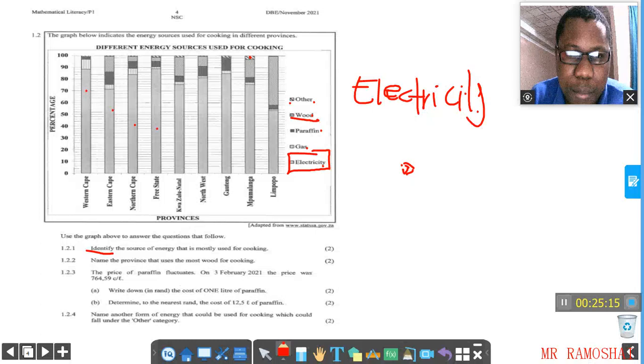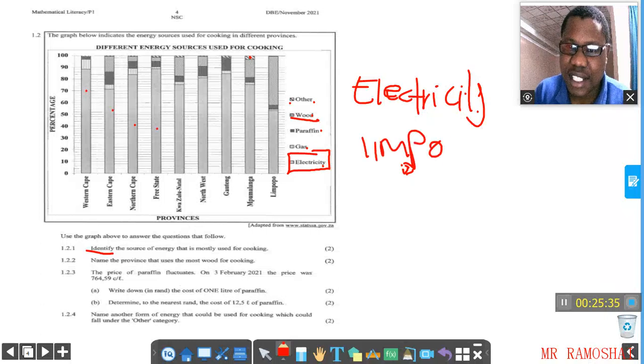If we compare Mpumalanga and KwaZulu-Natal, it seems like they are equal, right? So let's go to the last one, Limpopo. When you look at Limpopo here, let me say, many people are using wood for cooking. So Limpopo here is going to be our province. This is the province that uses most wood for cooking. Then you get yourself 2 marks. Already we have 4. You'll pass here. Right.